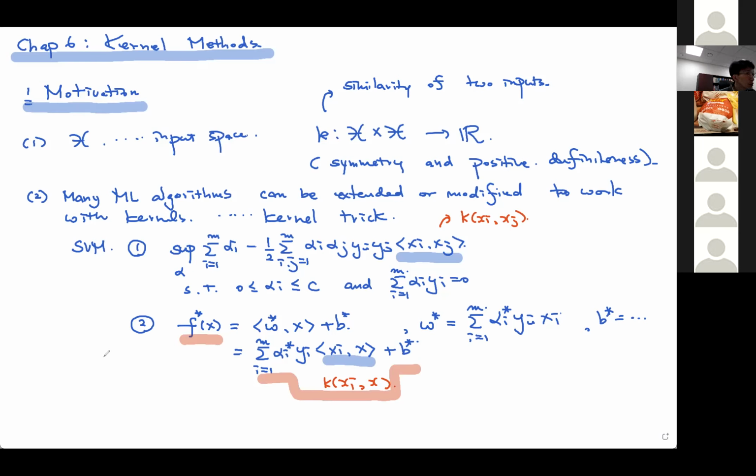So let me mention one more thing about what's really going on here. Many of these kernel algorithms, especially if the kernel satisfies symmetry and positive definiteness, compute inner products. So it implicitly represents a feature space, which I will call H. There's something called the reproducing kernel Hilbert space.